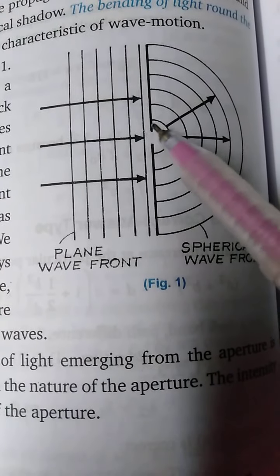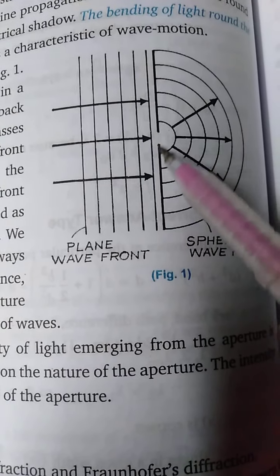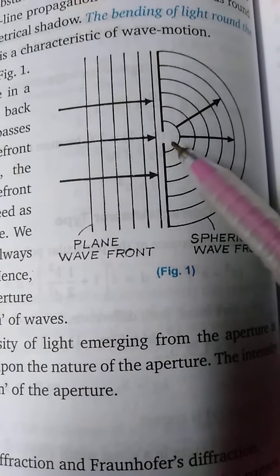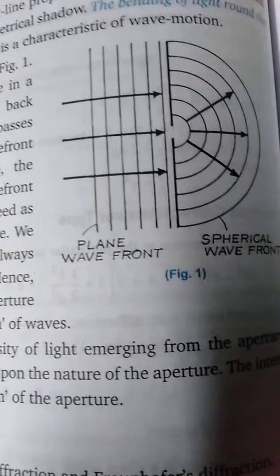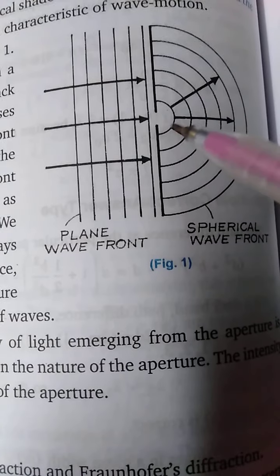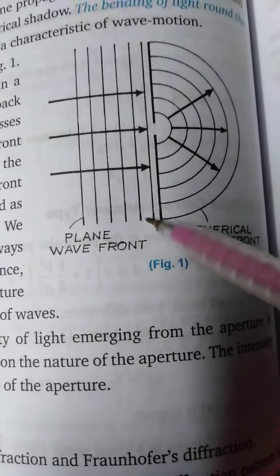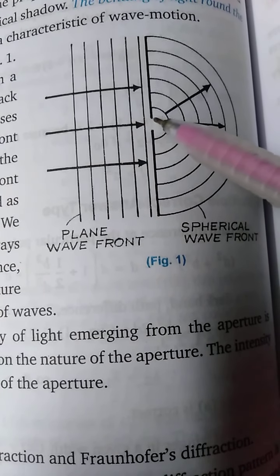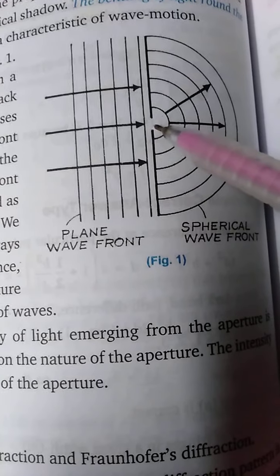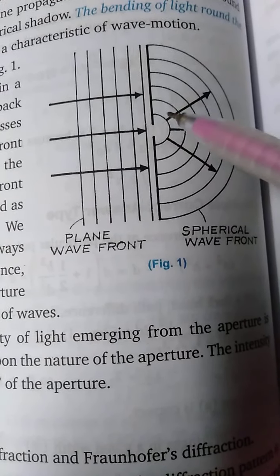For example, imagine this is a small slit whose width is comparable to the wavelength of the light. These are the parallel plane wave fronts, and when they come out through the slit, every point on the slit, as per the Huygens principle, behaves like a source of secondary wavelets.